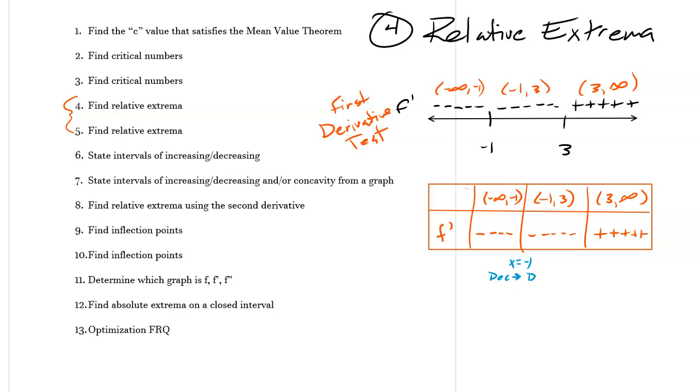Decreasing to decreasing is nothing, so this is not a relative min or max. It's just nothing. X equals 3 changes from decreasing to increasing, and decreasing to increasing would be a relative min.